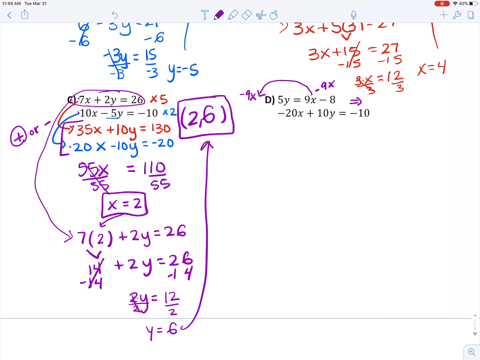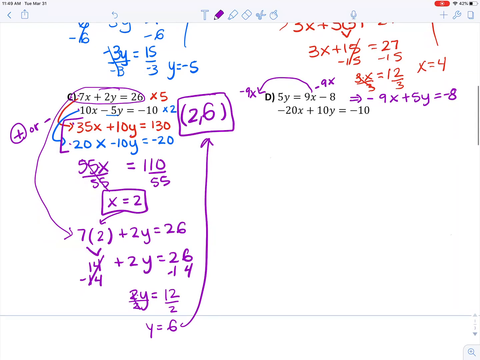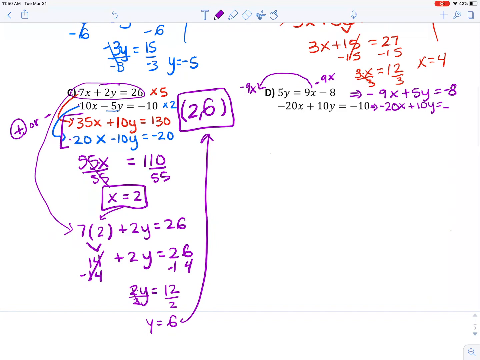So we're going to rewrite this top equation as negative 9x plus 5y equals negative 8. The bottom equation, we don't have to change anything around because our x's are first and then our y's. It's really in standard form. That's what we're looking for. Is it in standard form?